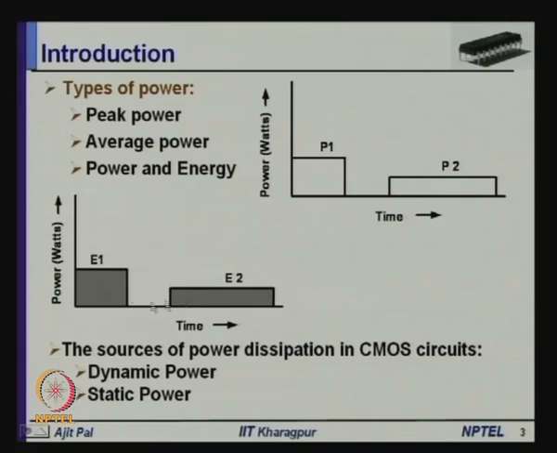So, we have discussed different types of power dissipation and the relationship between power and energy. Now, let us focus on the sources of power dissipation in CMOS circuits. The different sources can be divided into two basic categories, dynamic power and static power.